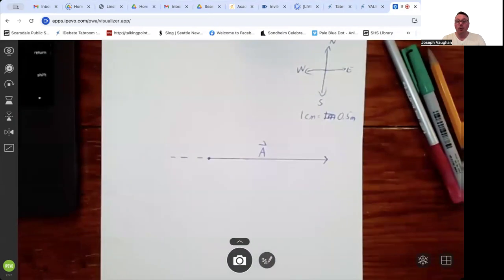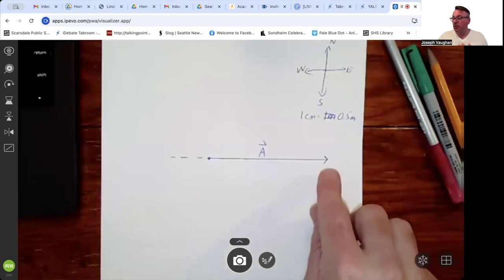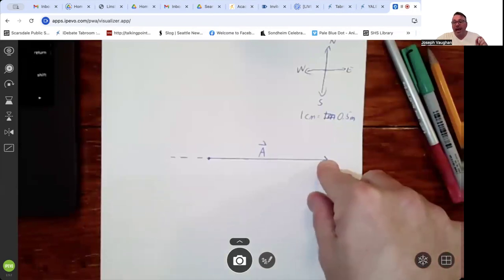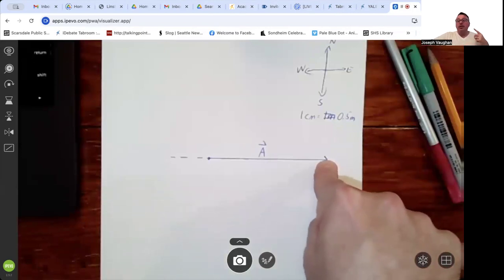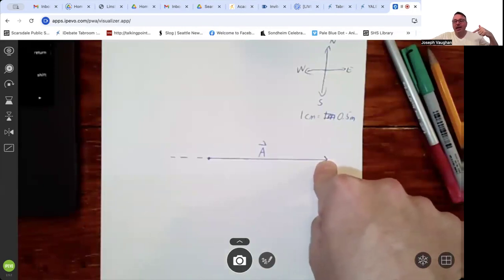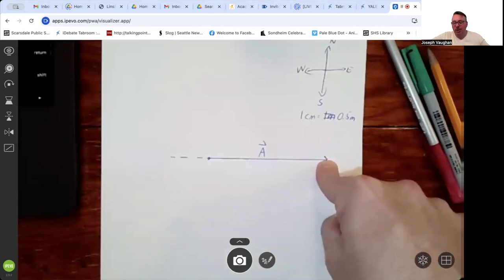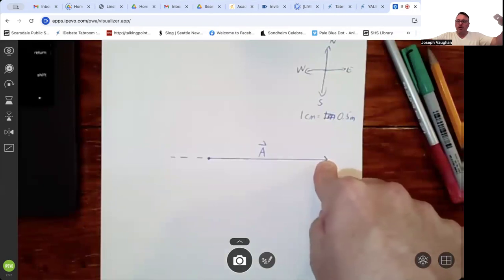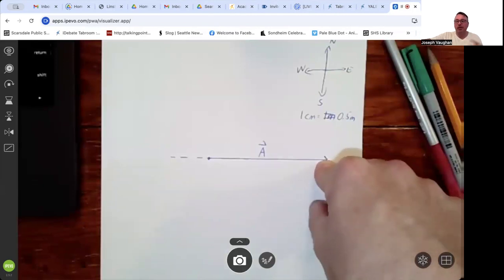Which do you think makes more sense if what I'm looking for is the addition of do one, then do the other? Hopefully what you said to yourself is, well, I want to start drawing the second vector where I ended the first one, right? Because think of a pirate treasure map. If you're given a pirate treasure map, walk this many paces this way, this many paces this way, you want to walk out the first one.